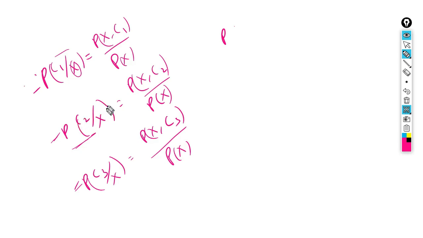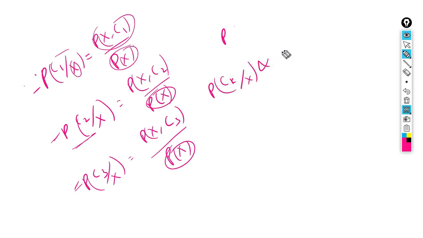Now here we can observe that in all these probability values, the denominators are the same. That means this function is directly proportional to the numerator only. Probability of ck given x is directly proportional to probability of x comma ck.